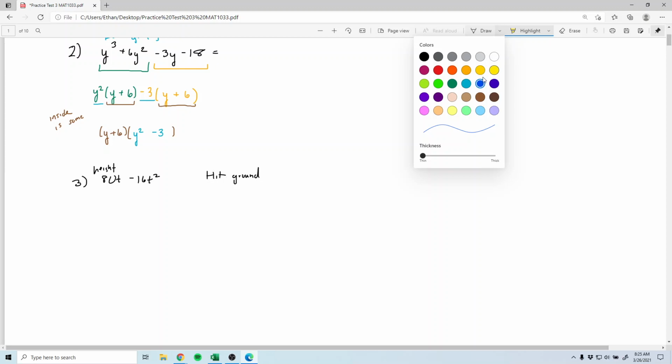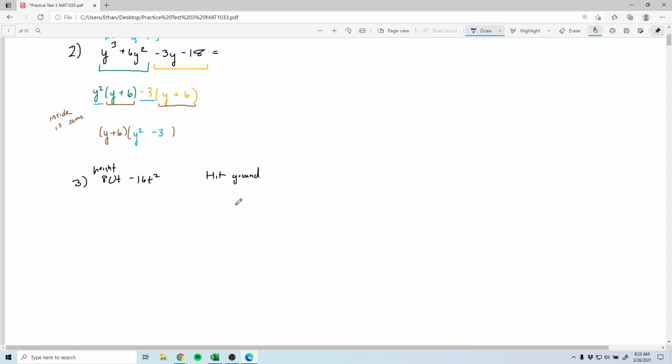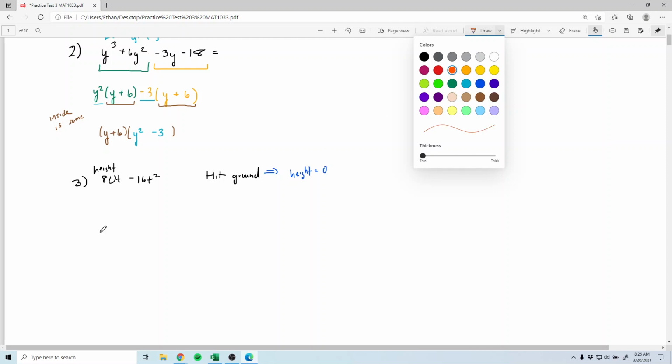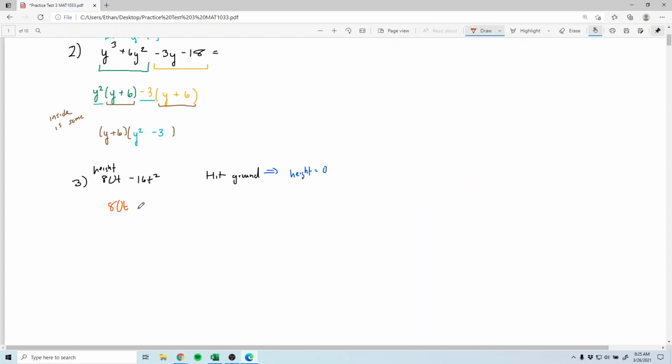But we want to know where it hits the ground. Well, what does hitting the ground mean? That means the height is 0. So really all we've got to do is set our equation equal to 0 and solve it, since that's what it represents. So we got 80t minus 16t squared equals 0.